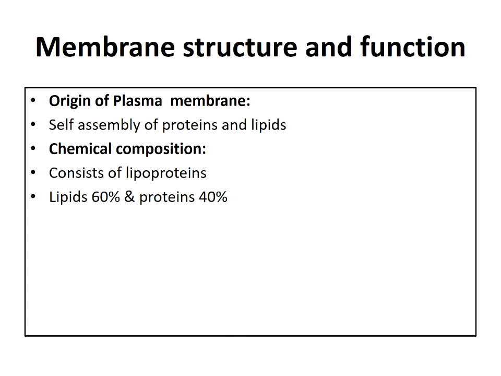In this case also, the membrane exists from a pre-existing membrane, and this acts as a template. Next is the chemical composition of the plasma membrane. It consists of lipoproteins, that is, both lipids and proteins: lipids 60% and proteins 40%.